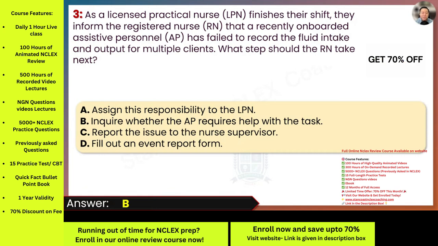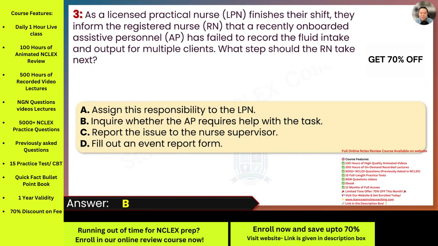And so when you answer this type of question, you always have to assess before acting. And before assuming that a team member is being negligent, you have to figure out if they need help or more training. And the best first step is to communicate with the person involved before escalating the situation. And you have to keep the problems at the right level.